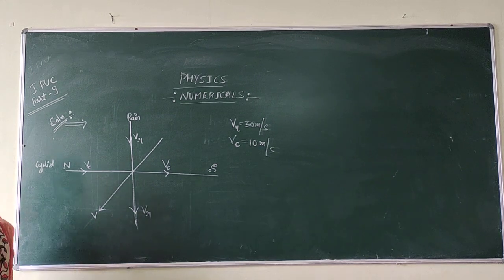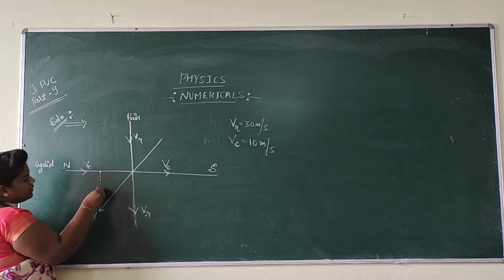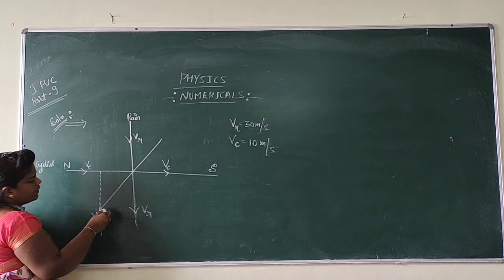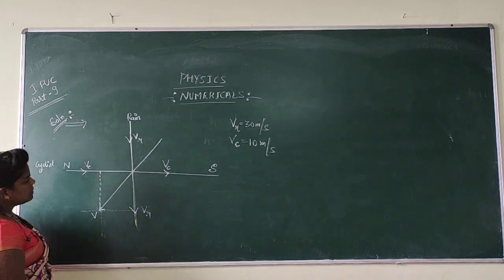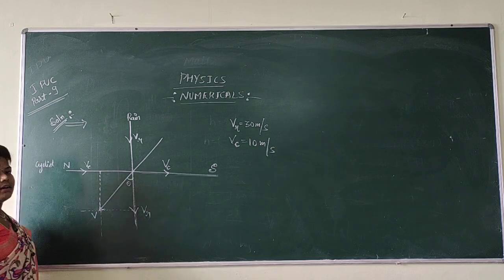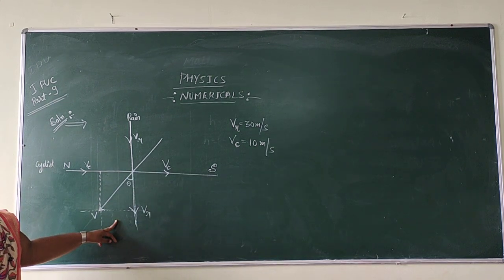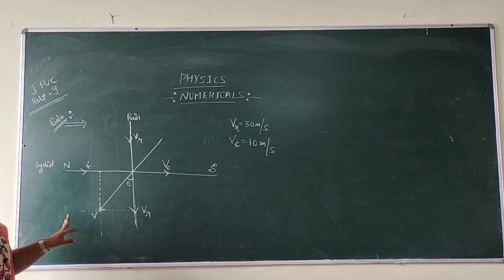So for this I am just going to draw the parallel here. See, here also I am going to draw the parallel. You can observe that this is angle theta, because through which angle she is going to hold the umbrella we don't know. That we should calculate now.